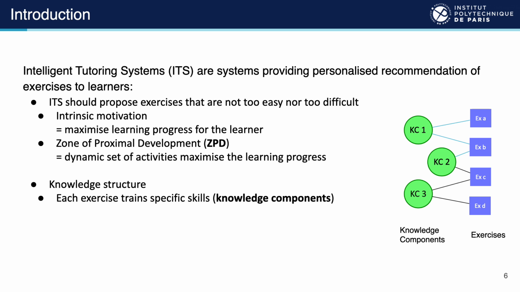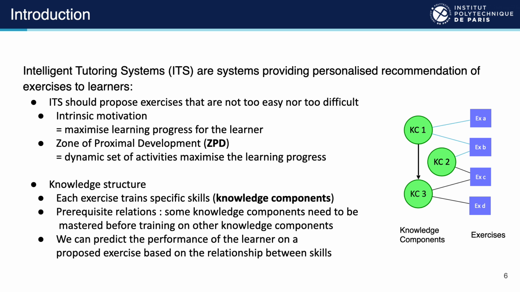What we are interested in is the prerequisite relations. The idea is that some knowledge components need to be mastered before training on other knowledge components. So for instance, we should learn how to master the addition knowledge component before trying to learn about multiplication.